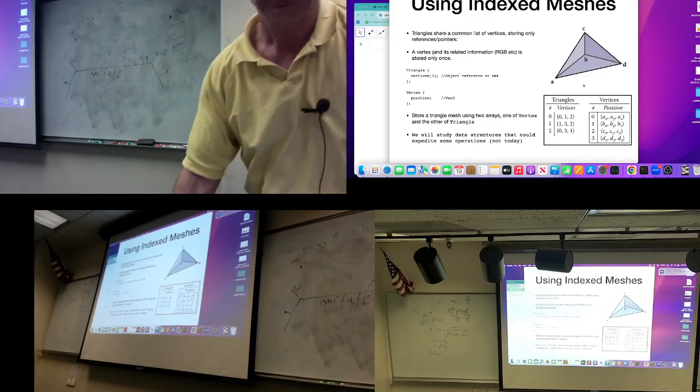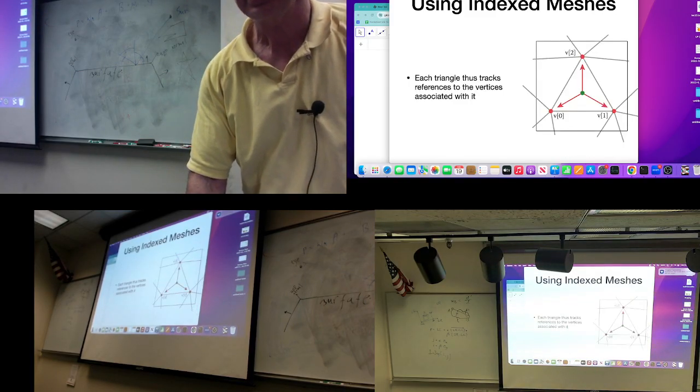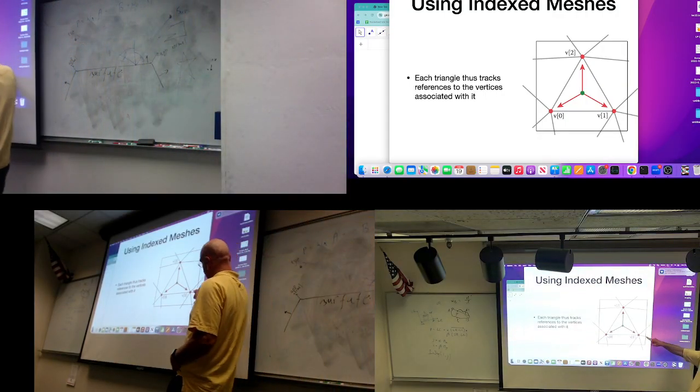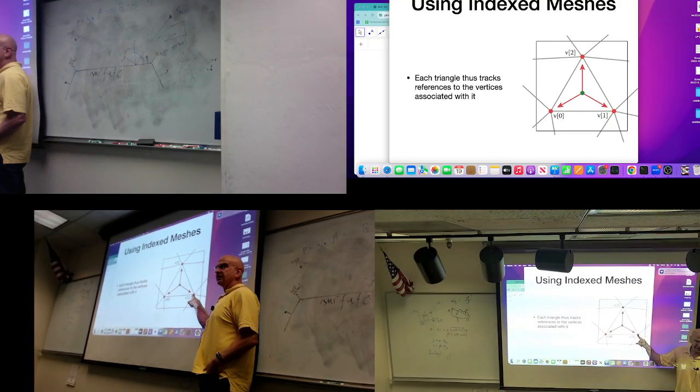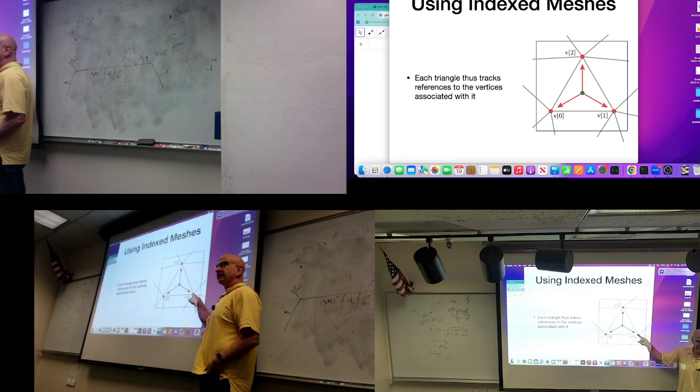Next we'll talk a bit about data structures that can help us move around. For example, I want to compute the approximated normal. From a triangle, I know what its vertices are. But how do I know what a neighboring vertex is? If I want to approximate the normal, I need to look at the triangles next to a vertex.